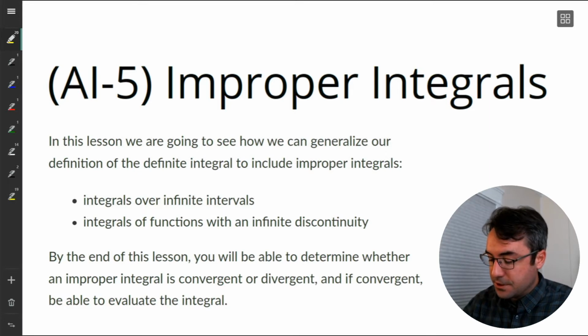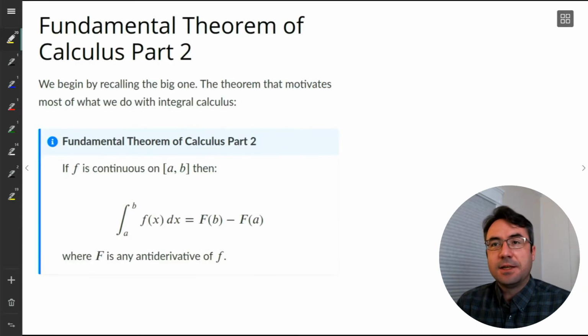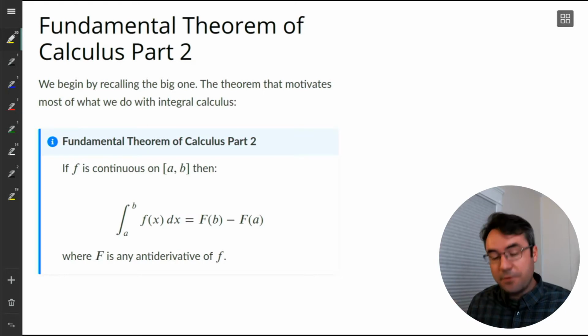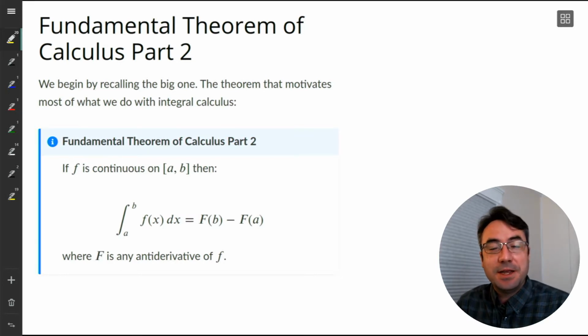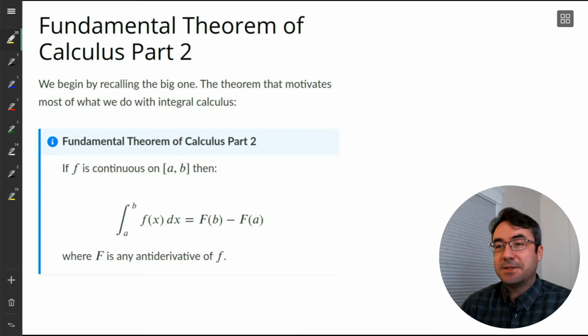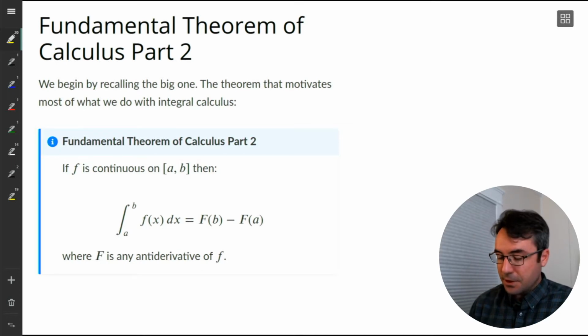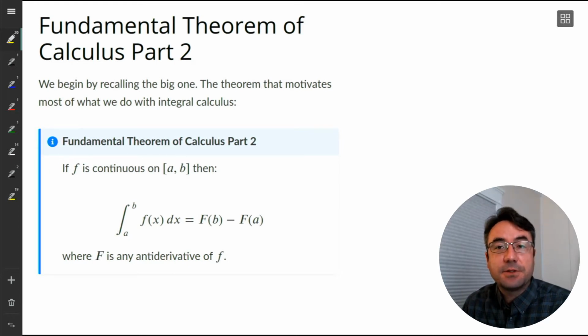All right, so first, a little review. We saw this back in Calc 1, and this is kind of the main theorem. This is the big show, the fundamental theorem of calculus part 2. This really motivates most of what we do in this course, and that's calculating a definite integral. So let's read through what this fundamental theorem of calculus part 2 says.